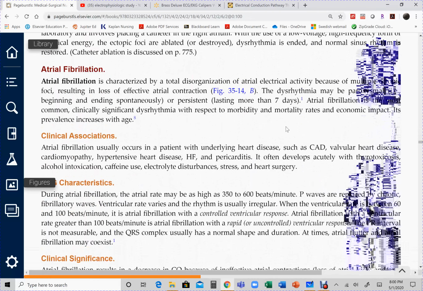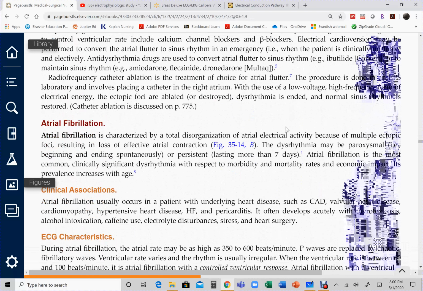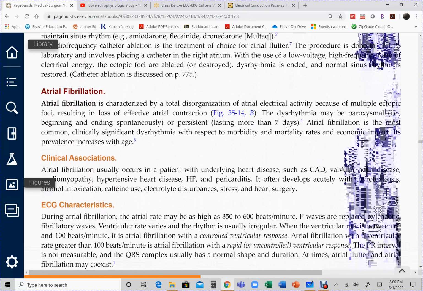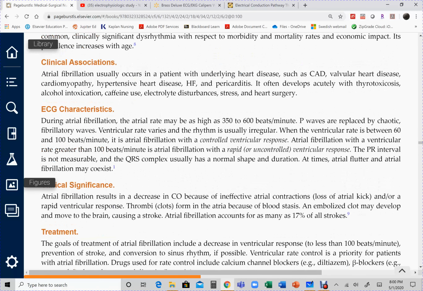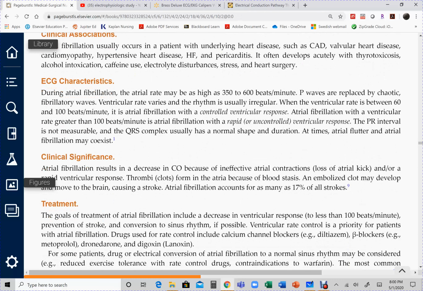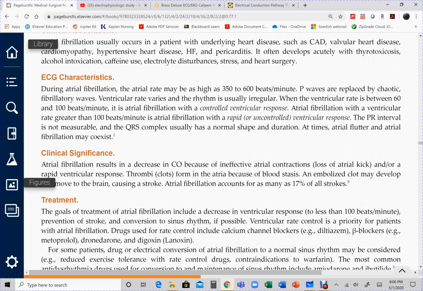Afib and A-flutter can trigger blood clots. So in addition to your antidysrhythmics, because your goal here is to control the ventricular response, there are 2 types of Afib. Afib can be Afib with controlled ventricular response, or there could be rapid ventricular response.